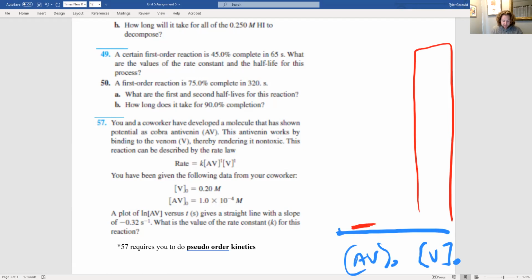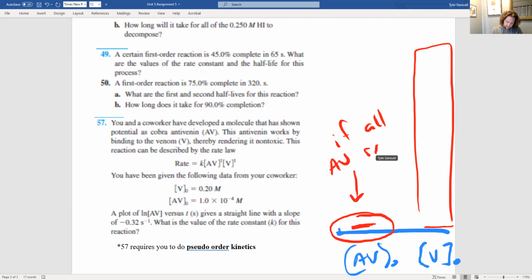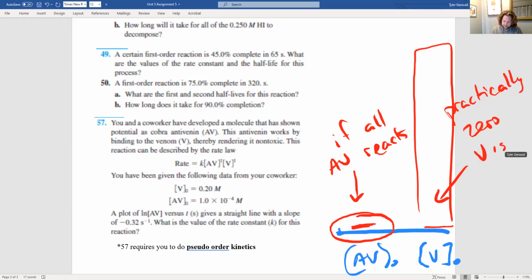So if all of the AV reacts, there's a pretty much insignificant amount of V consumed. So practically 0 V is consumed, or I'll round off, so essentially remains unchanged, or concentration is constant.